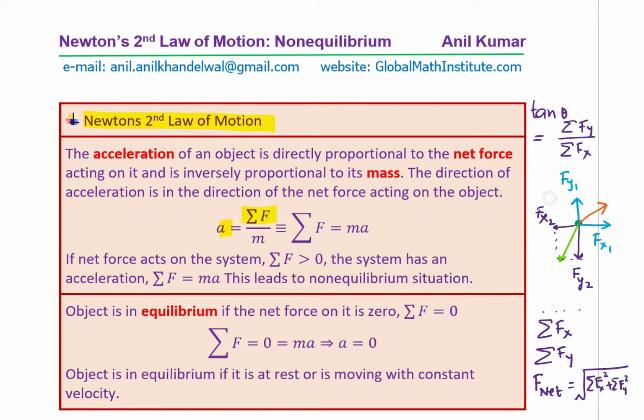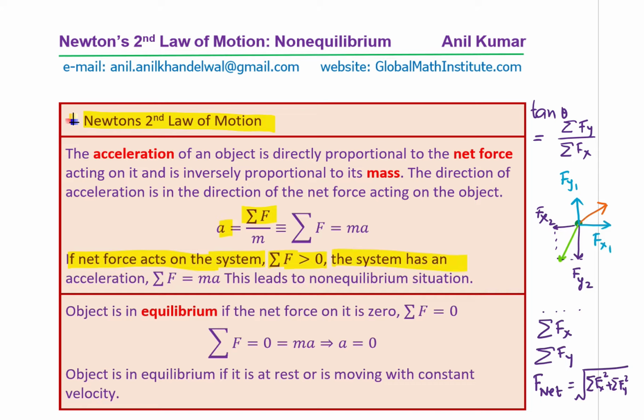I hope this concept is absolutely clear to you. And what we are saying here is that if this net force is not zero, in that case there will be acceleration, and then they are related with the relation that net force is equal to m into a, mass into acceleration. Is that clear to you? Correct? So in short, if the net force acts on the system, that means that the sum of these forces is greater than zero.